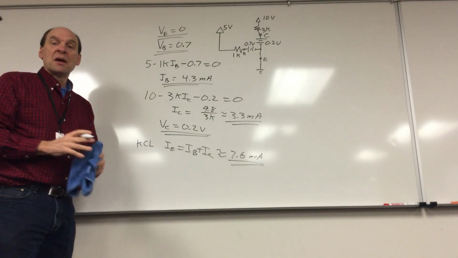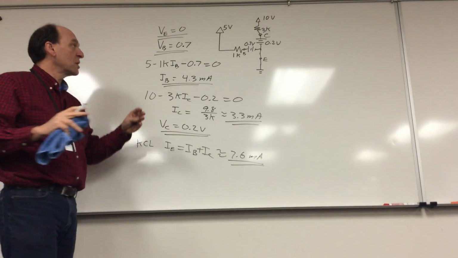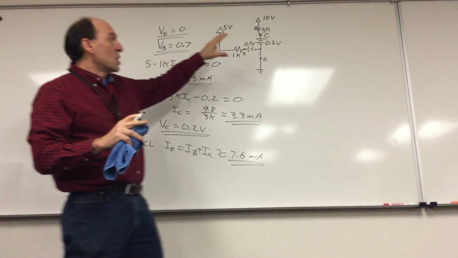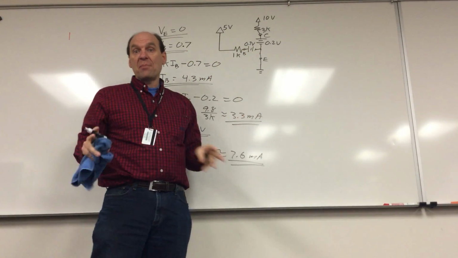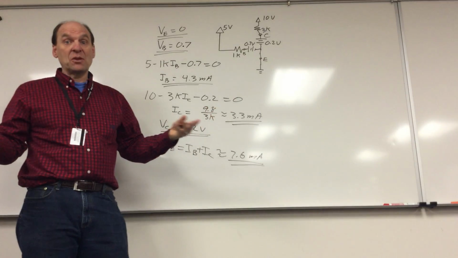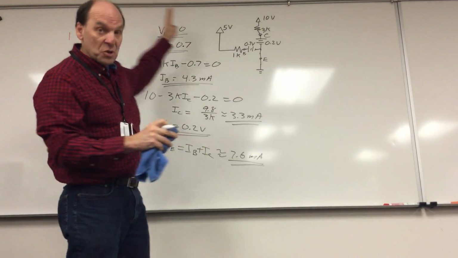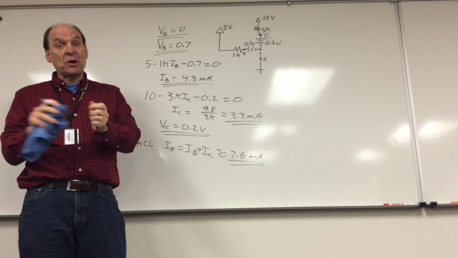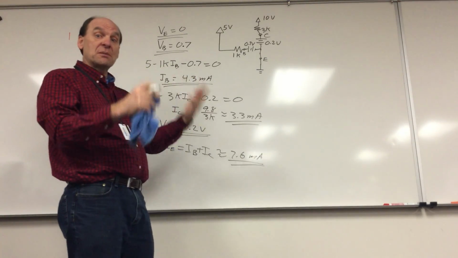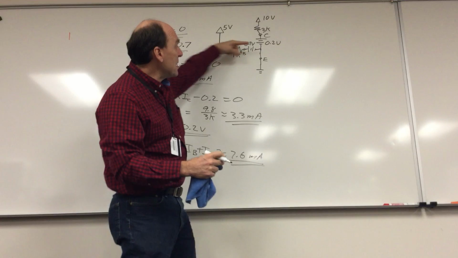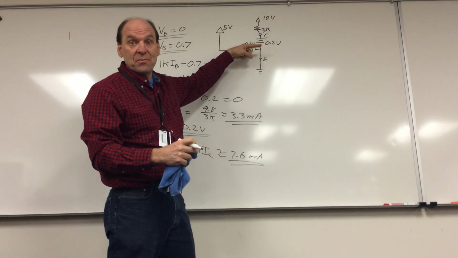Hope that helps. To summarize, the way we do this is we assume a mode of operation for the transistor. I would recommend that you assume active region. You do the calculations, and you have to make sure that your assumption is correct. IB must be going into the base.